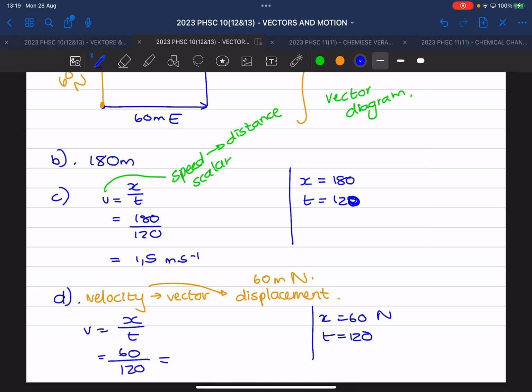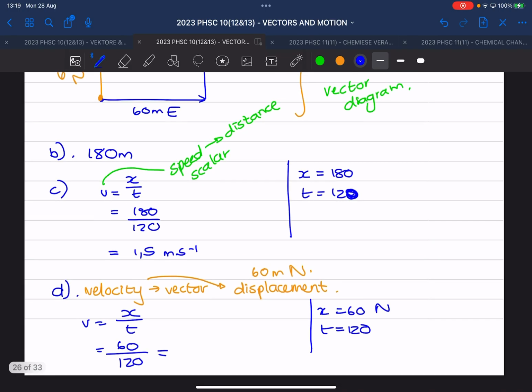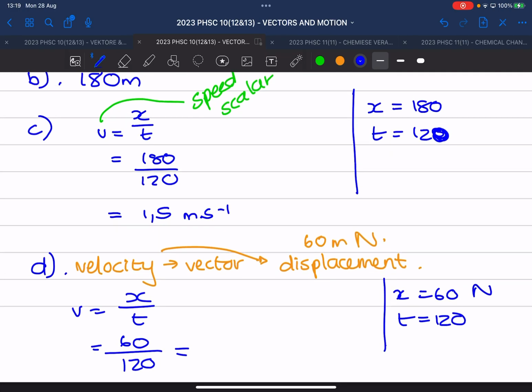And what do you get? What is it? 6 divided by 12. Nee man, Kutlano. It's a half. 0.5 meters per second.